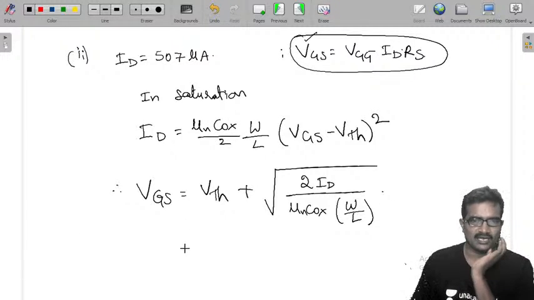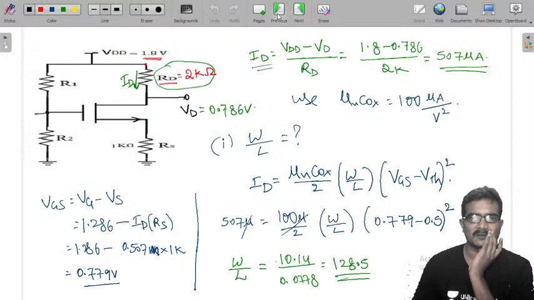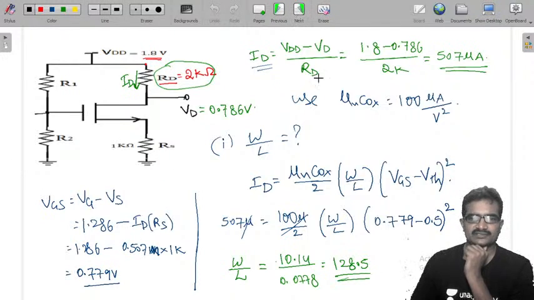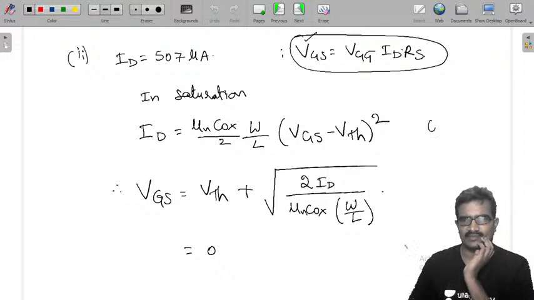Okay, now we know the value of VTH. They gave 0.5. You can use previous values. So VTH is 0.5.